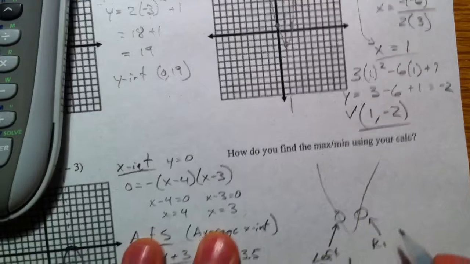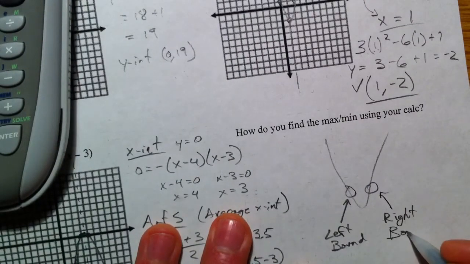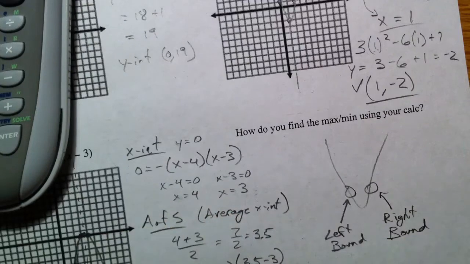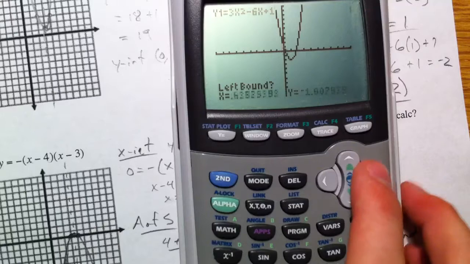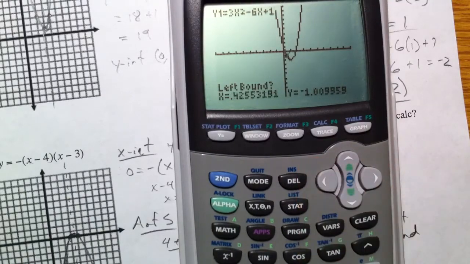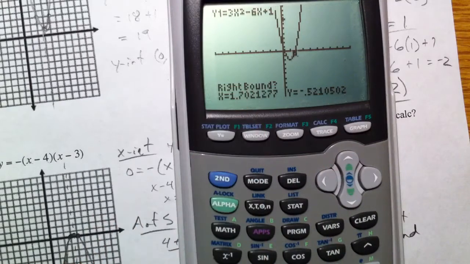You have to tell the calculator where to look. It's not smart enough. It's going to look to see where it's at its lowest value and zoom in on it basically. So here's our minimum. I'm going to go to the left and then go to the right.